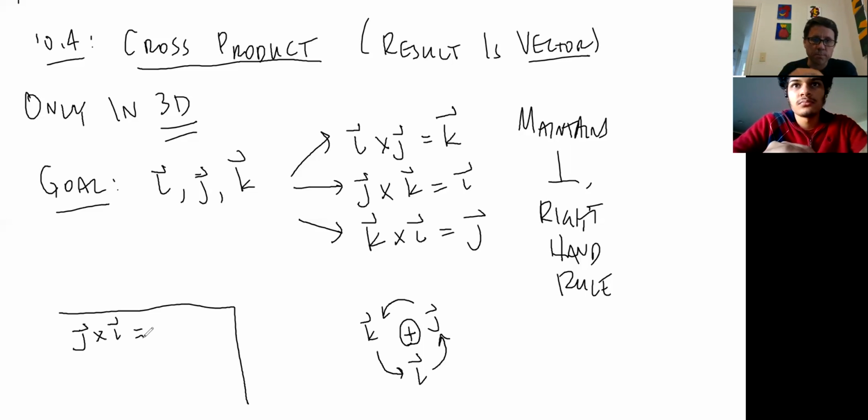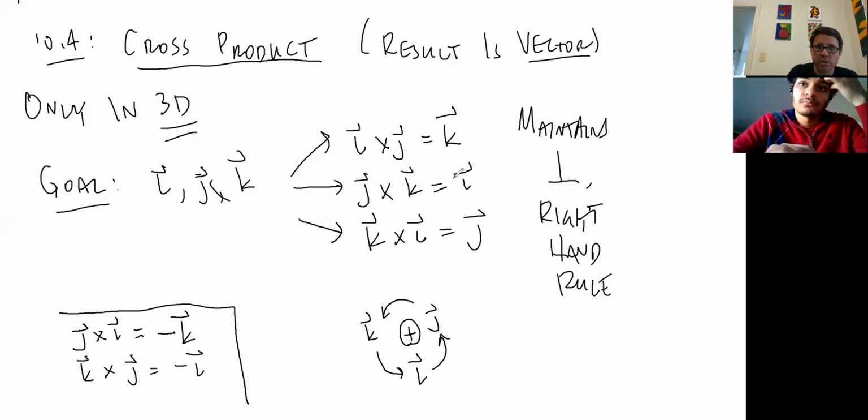So this turns out to be the exact opposite of that vector, so you end up getting minus k. And the same thing with any of these. If I do k cross j, my thumb would be pointing in the opposite direction, so I get a negative sign. And i cross k, just to reverse all of them, you get minus j.